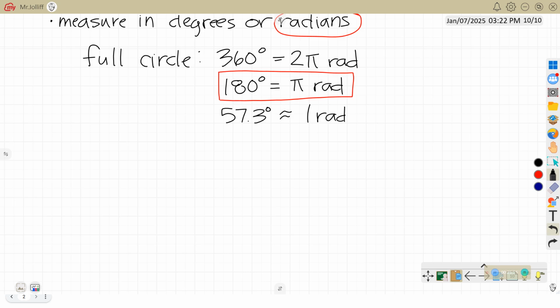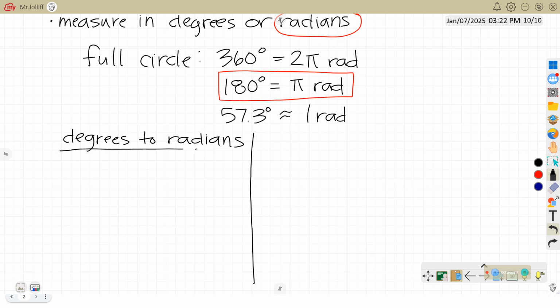Okay, so we're going to practice going both ways. We'll start with degrees to radians. If I want to get from degrees to radians, I'm going to multiply my angle by a fraction.